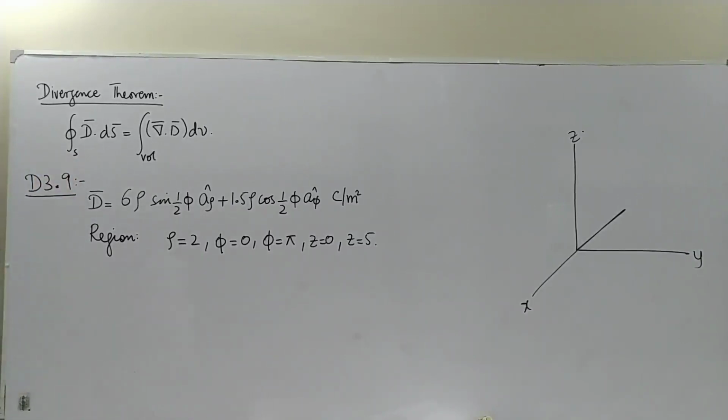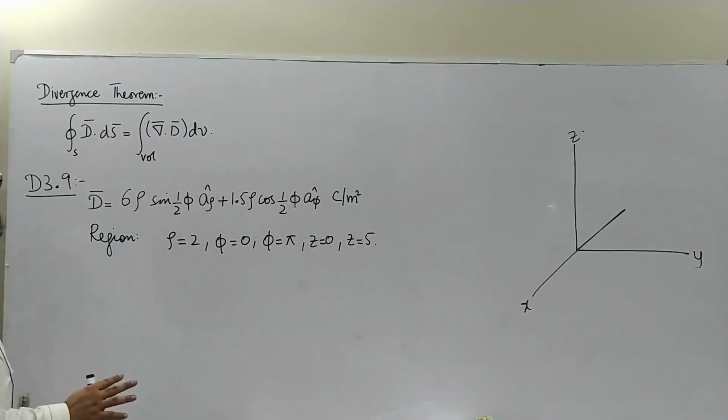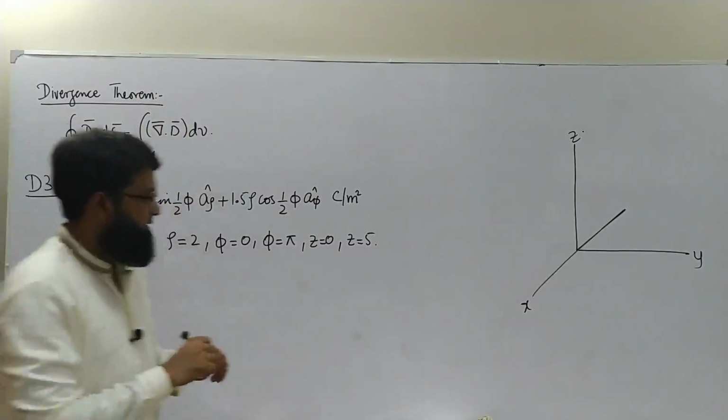So if you are able to identify the surfaces correctly, you will be able to identify the directions of those surfaces correctly. If you take any direction wrong, the whole problem will become meaningless, or will give you wrong results. Evaluating the right hand side should not be a problem for you. Why? Because we have to deal with the volume, and volume is a scalar quantity.